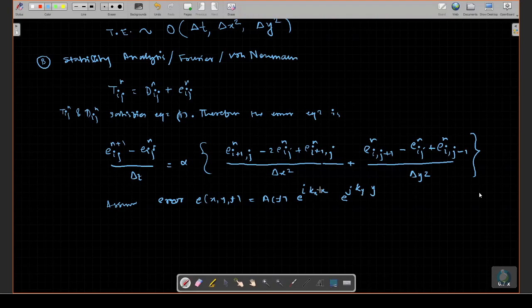Okay, so this is multiplied in x, multiplied in y, like that. You have to assume this solution.